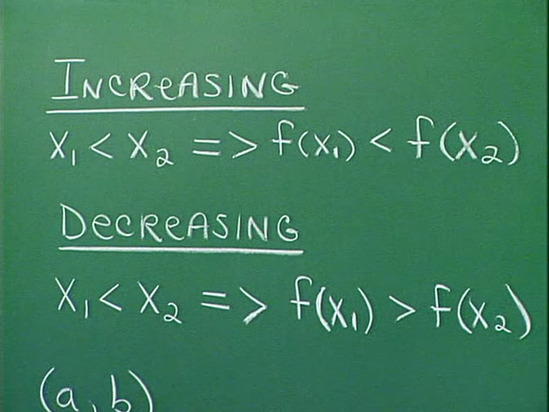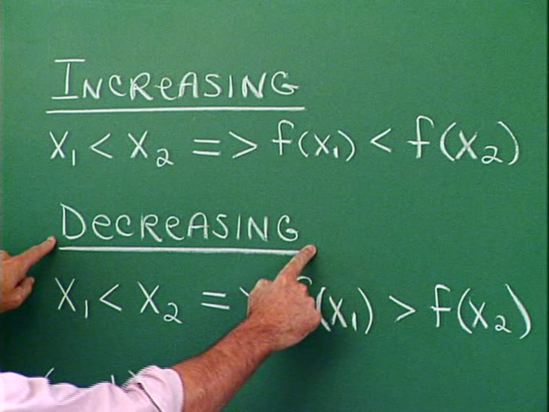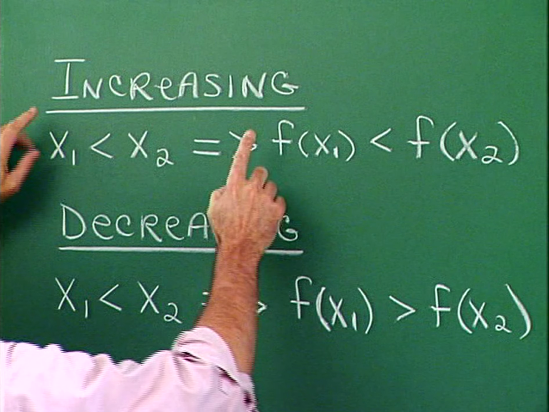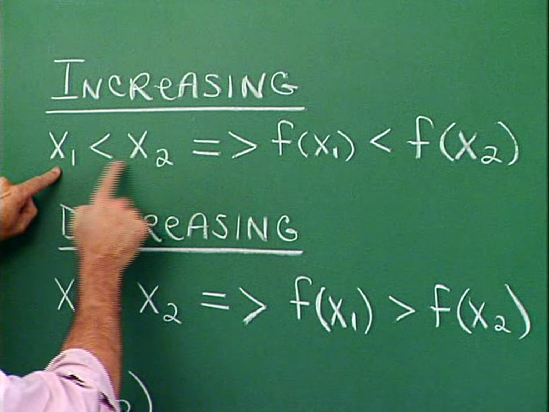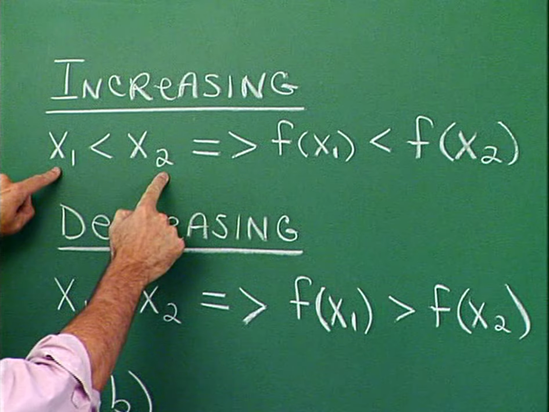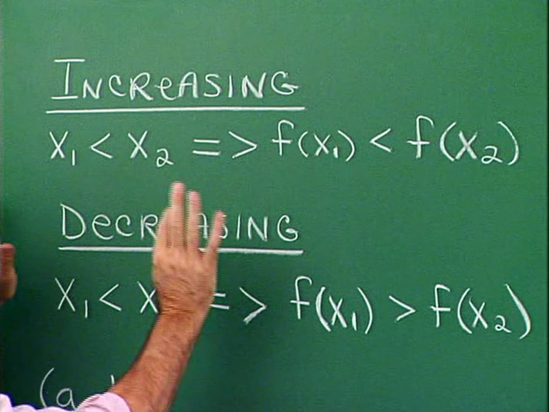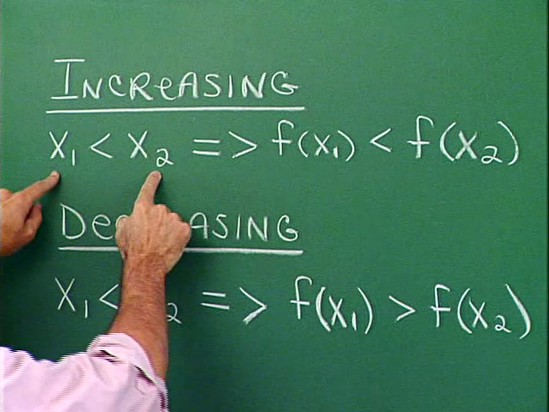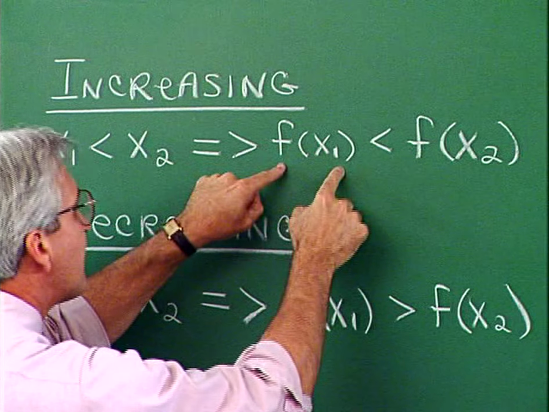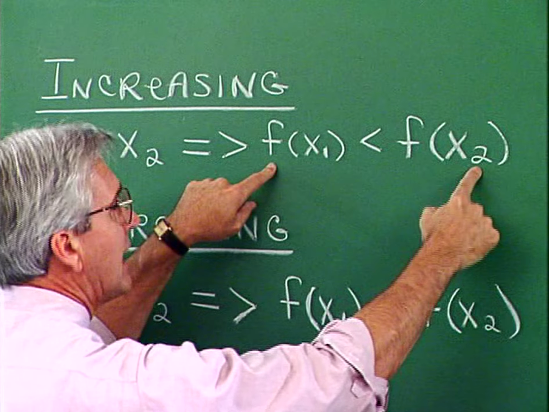Well, let's think about what it means for a graph to be increasing or decreasing. It means this: if we have an increasing situation, then given a couple of points x1 and x2, as long as x1 is less than x2 along a particular interval, this implies that f of x1 is less than f of x2.